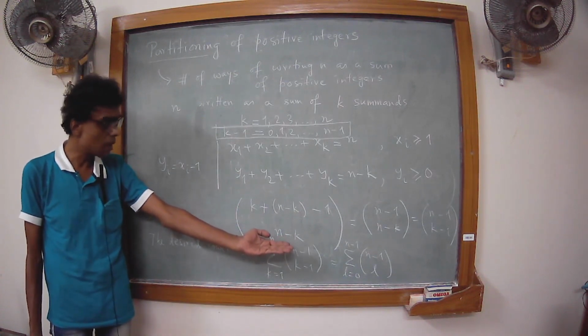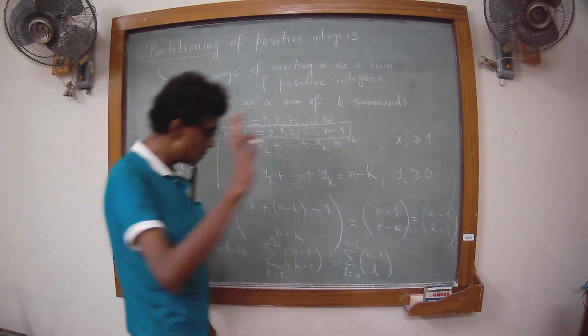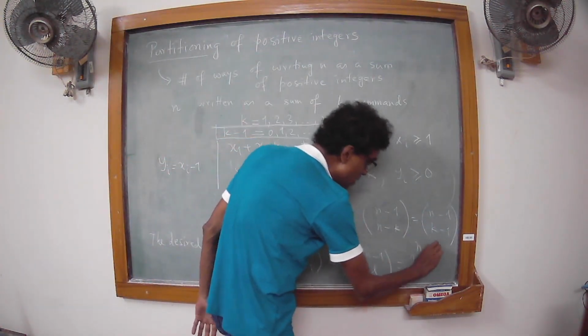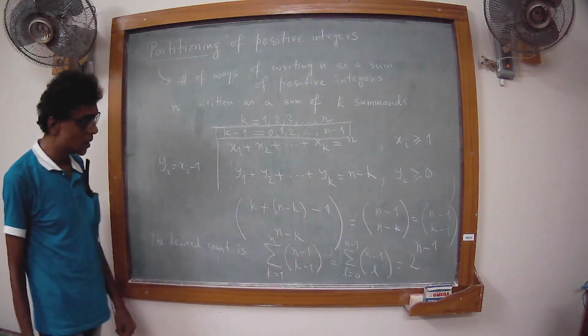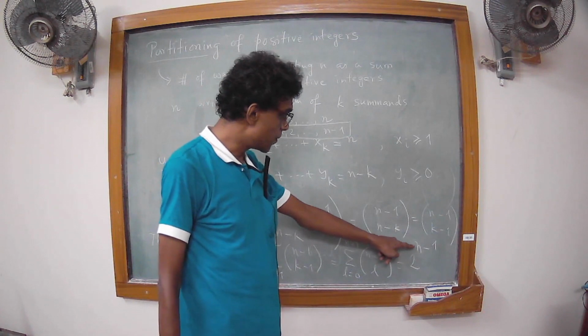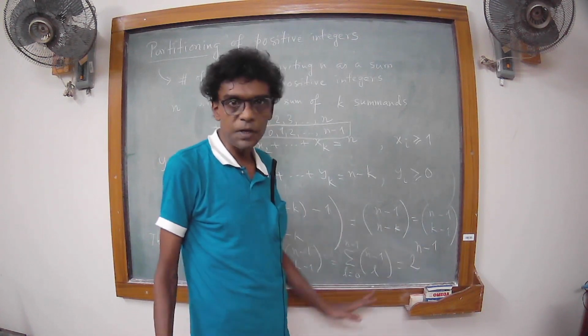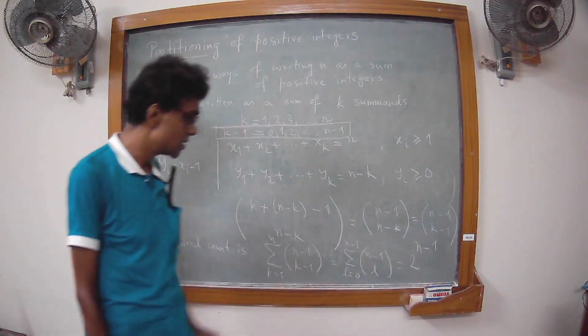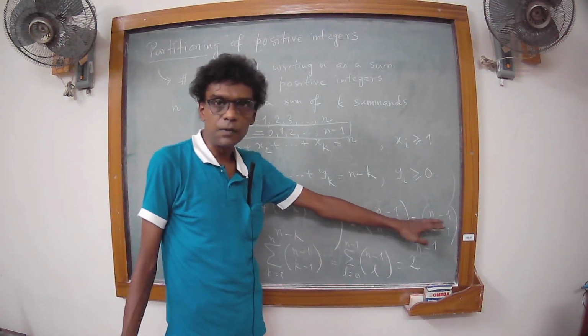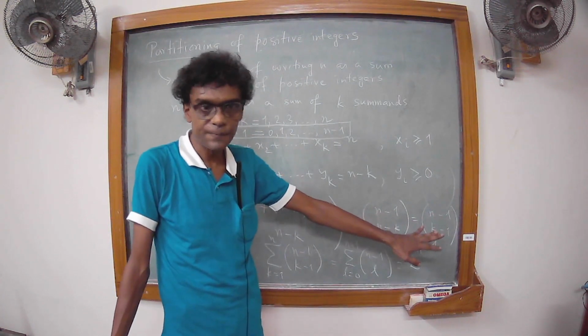It is going to be 2 power n minus 1. So recall that we have shown an example for n equal to 4 and the count came to 8. But that is same as this, 2 power 4 minus 1, that is 2 power 3, which is 8, as it should be.